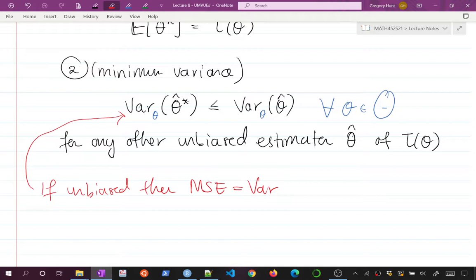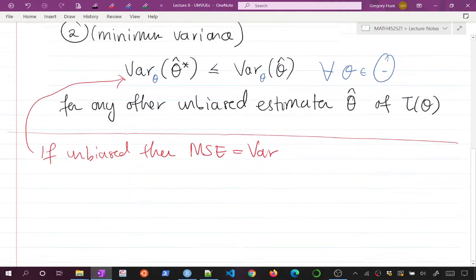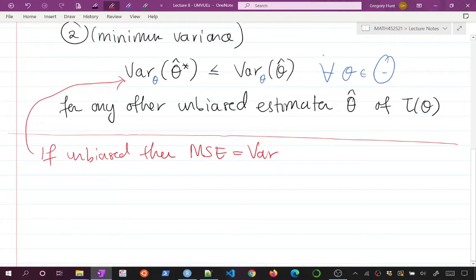So that's one thing that makes it nice using an unbiased estimator. It's certainly not true that it's always the best. So one reason we want to talk about unbiased estimators is that the MSE is just the variance, so that's easy to talk about. The other reason is that it restricts our class of possible estimators to something reasonable, under which we can actually get a best estimator, a UMVUE.